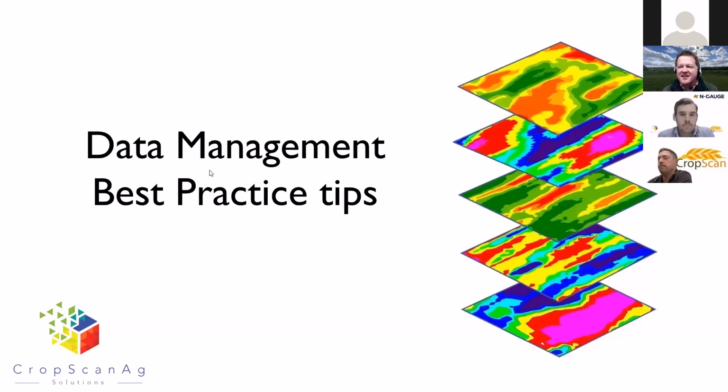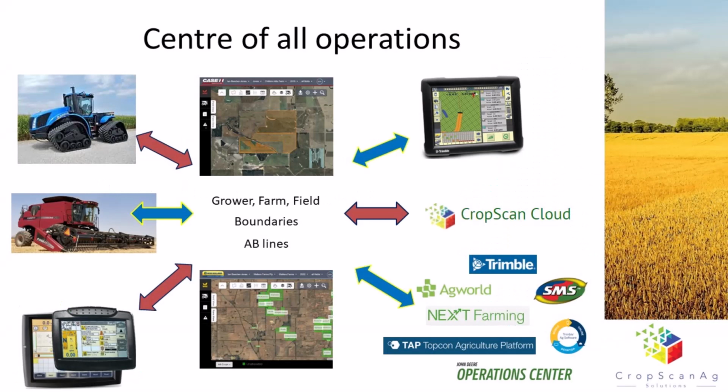Fantastic. That's great. Well, good morning, everybody. We're going to be sharing with you for the next 15 or 20 minutes some data management practice tips on how to stop things going wrong before they do. Because when we look at software and data management, we're always on the cusp of data not synchronizing and working in the right way.